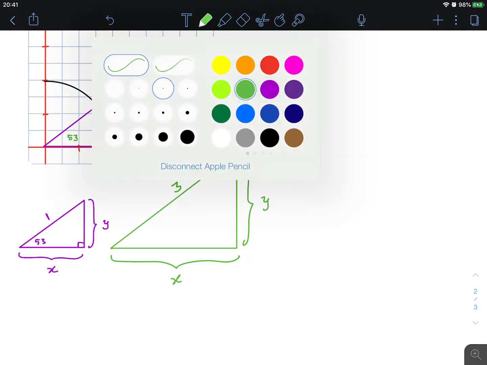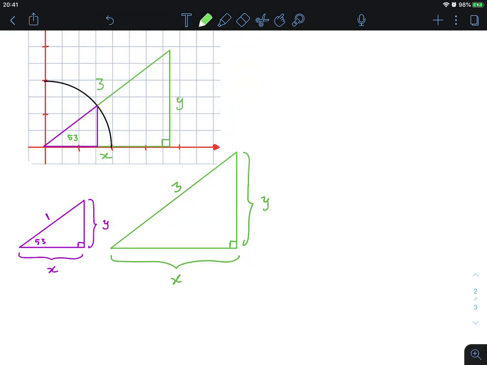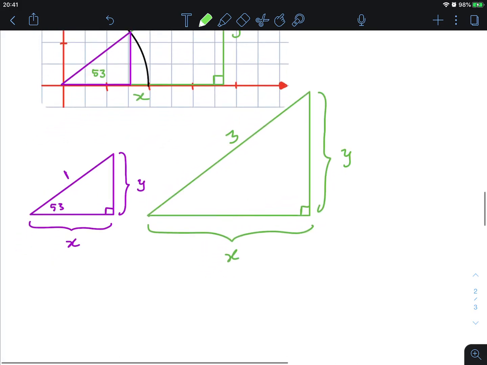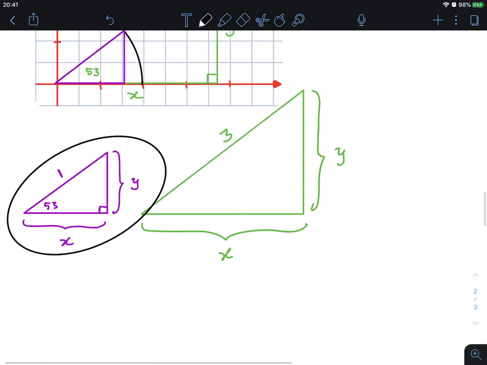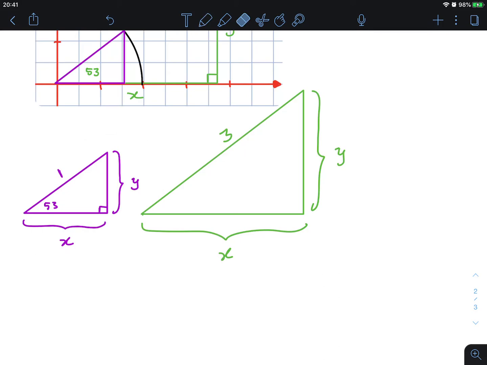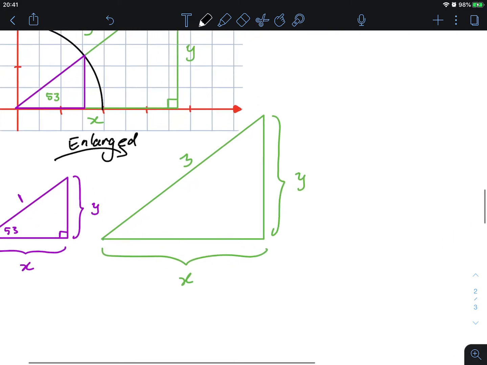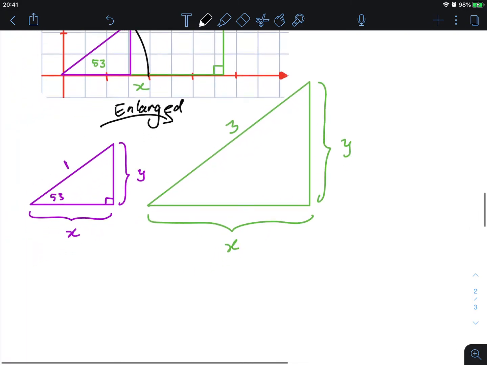What do you notice about these two triangles? Well, they're actually the same triangle, but one is just 3 times as large. It's an enlargement. So this unit circle triangle has been enlarged to become the triangle that we've been given in the question.